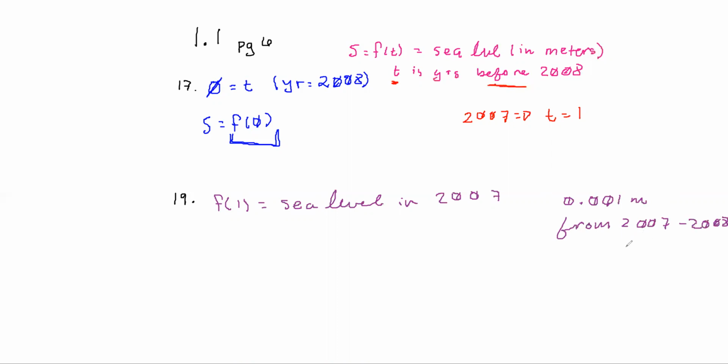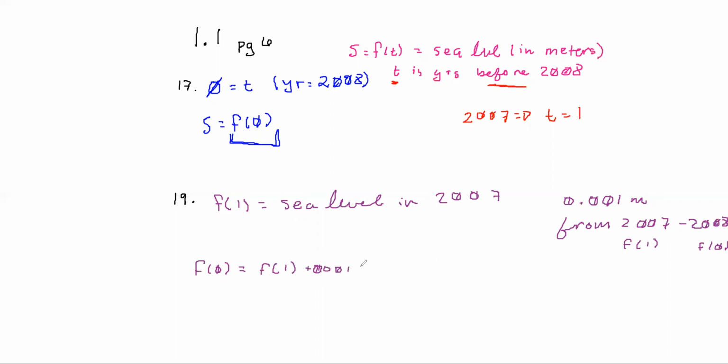And we know that this is f of 1 and this is f of 0. So what we're going to say is that f of 0 is equal to f of 1 plus 0.001.